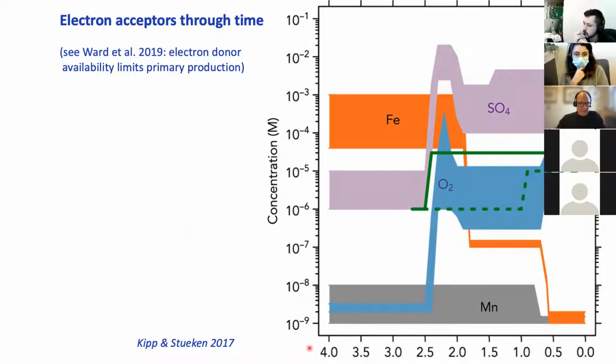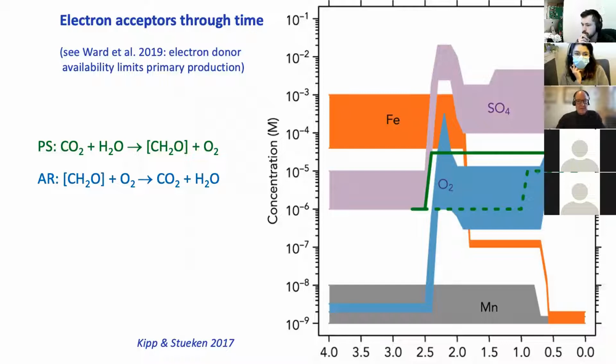In this figure from their 2017 paper, 4 billion years to present time, on a log scale, you see the concentration of a number of potential electron acceptors. And of course, as the ocean works today, you have photosynthesis using water as electron donor, making oxygen, and then oxygen is the electron acceptor, the reverse reaction using that organic carbon made by photosynthesis and making CO2 and water. And here you have your oxygen cycle. And of course, today, that is how most ecosystems operate.